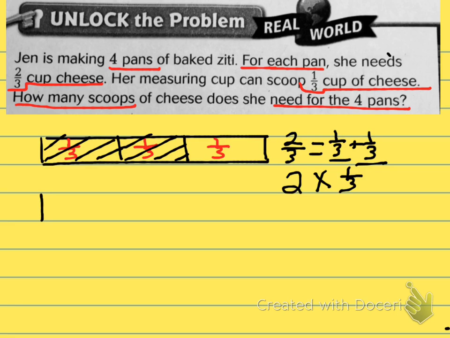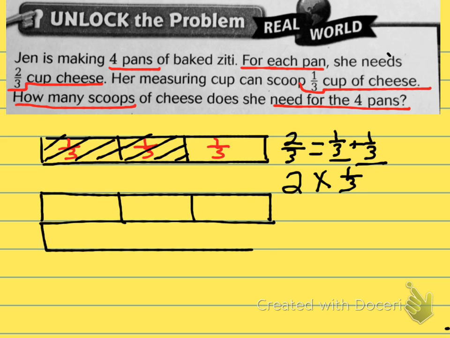So here's my first bar. Here's my next pan, cut into thirds. Here's my third pan, and here's my fourth pan.